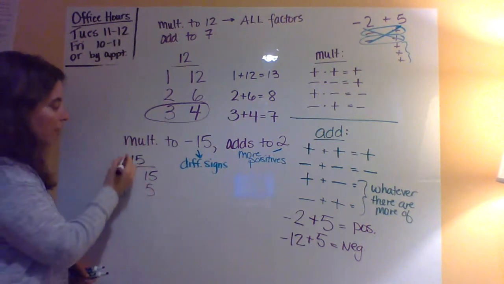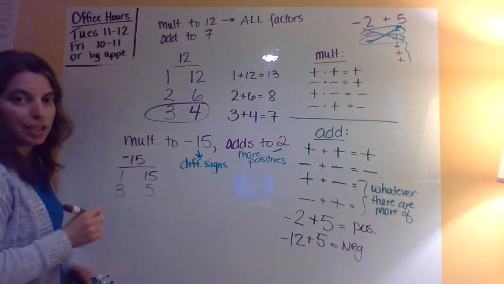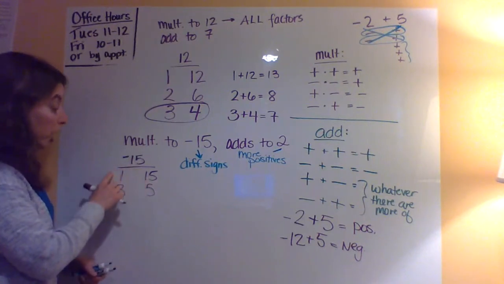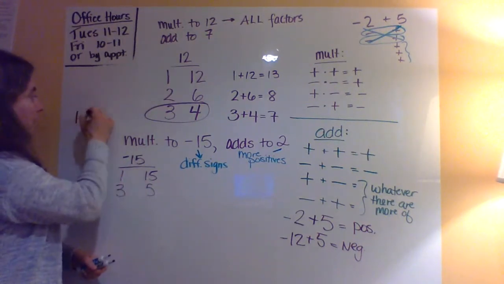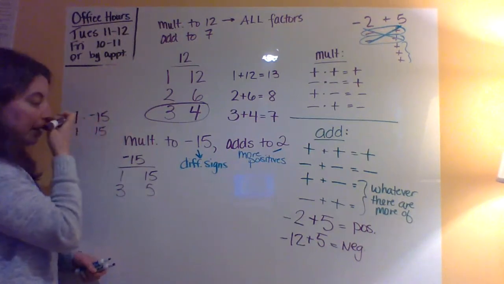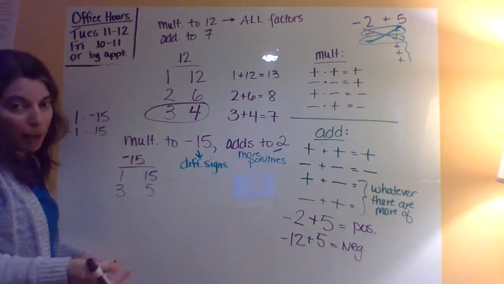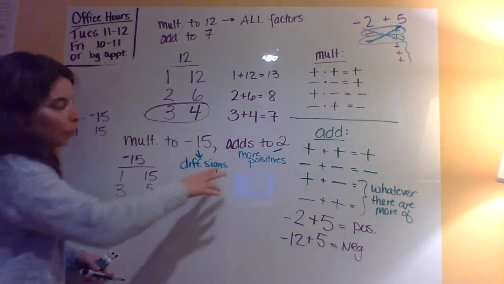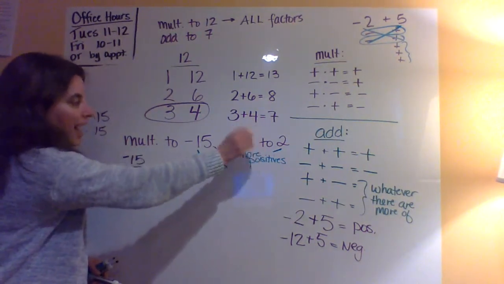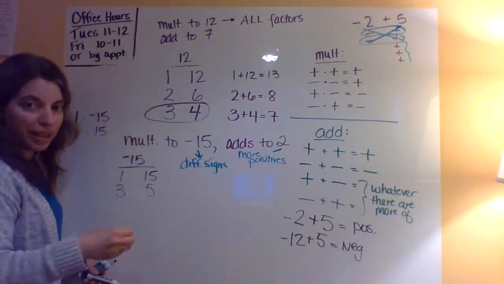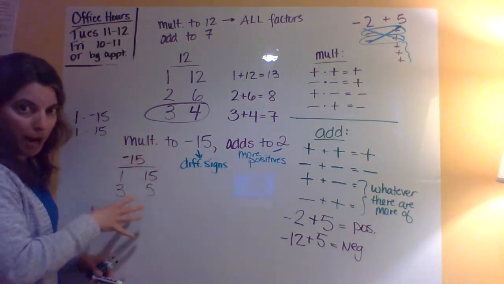Now I know that I really want -15. So that means that I have to have two different signs here. Well, it could either be 1 and -15, or it could be -1 and +15. So I could try all those options, but we can kind of take a shortcut. We know that since it adds to a positive number, there are more positives in our problem.